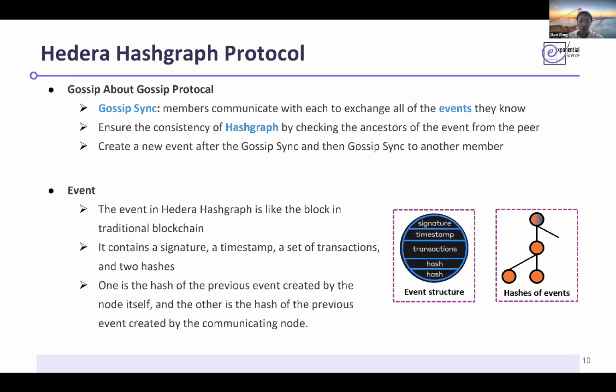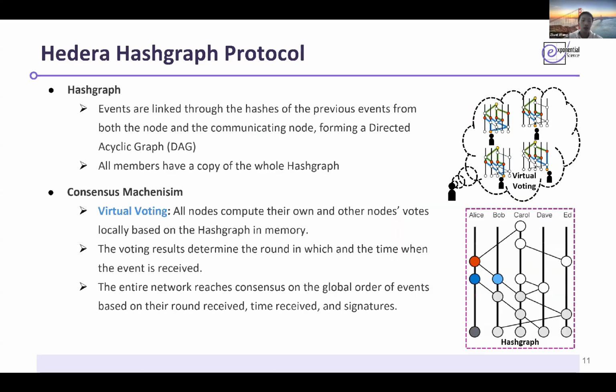After receiving a gossip sync, nodes create a new event and initiate another gossip sync with another node. In this way, events are linked through the hashes of the previous events from both communicating nodes, forming a directed acyclic graph, which is the hashgraph.